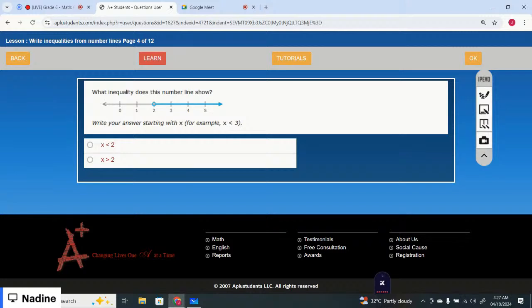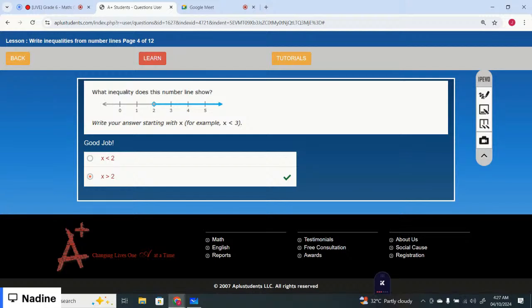Which is the correct option? That is x is greater than 2. Option number 2 is the correct option.